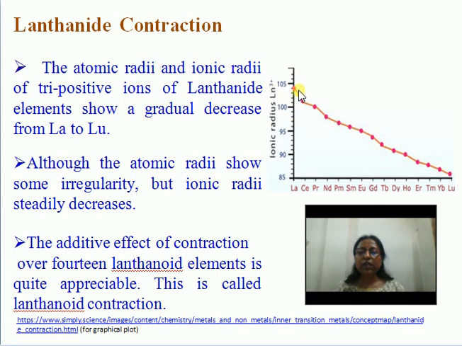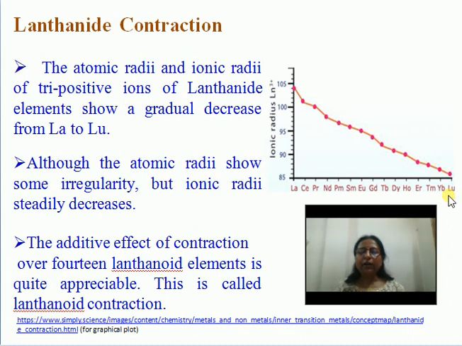Here you see the value has decreased from 105 picometer to 85 picometer, and this 105 is for La3+ ion and this 85 is for lutetium Lu3+ ion.